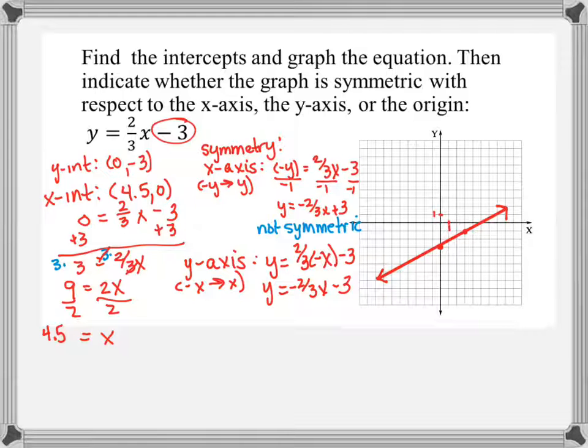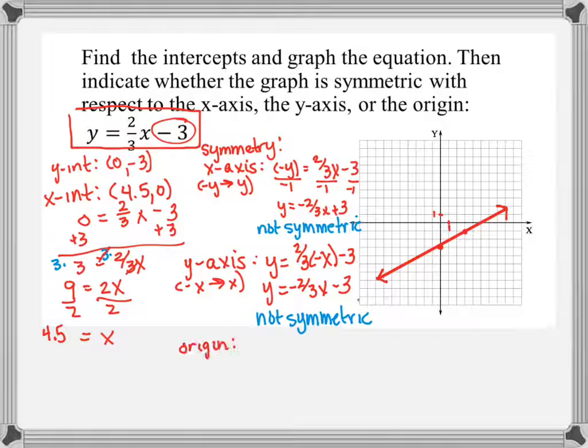Again, I'm always going back up to my original equation. Because it's not the same, this graph is not symmetric to the y-axis. And looking at the graph, that again makes sense, because if we imagine folding our graph on the y-axis and reflecting it over that y-axis, the resulting graph would not be identical to what we have.